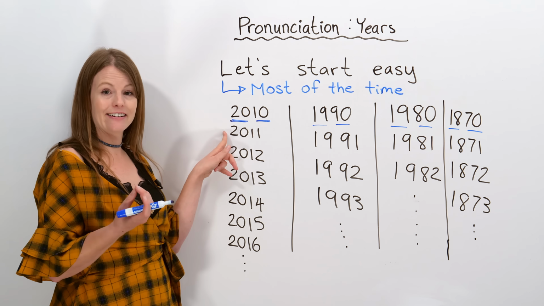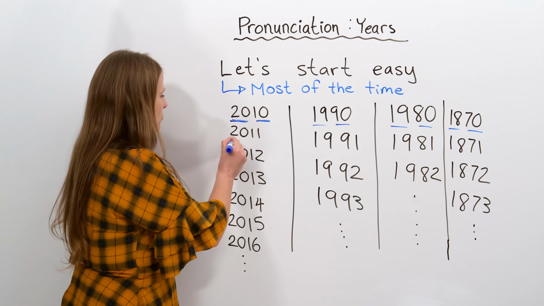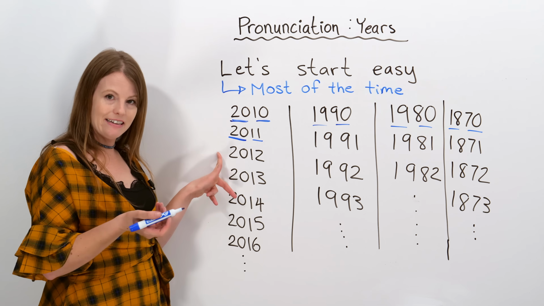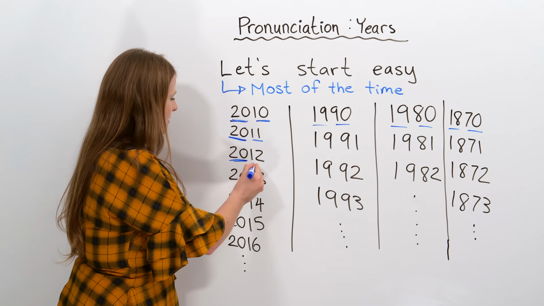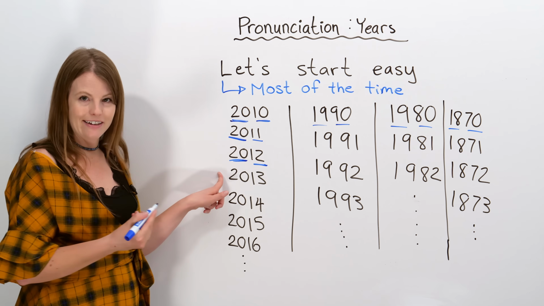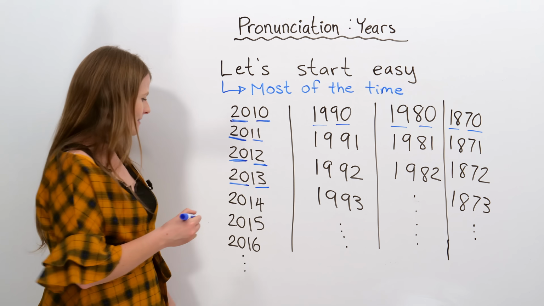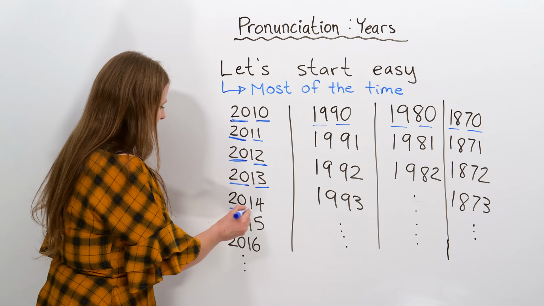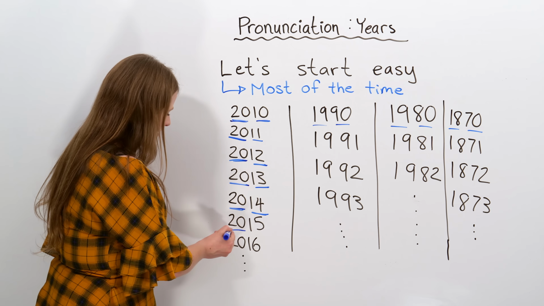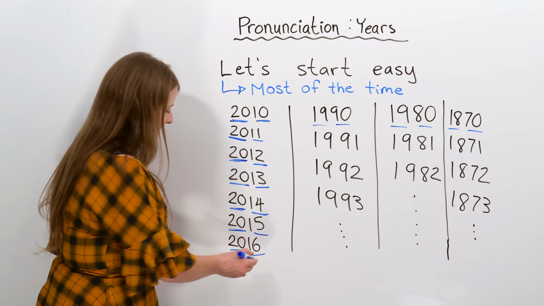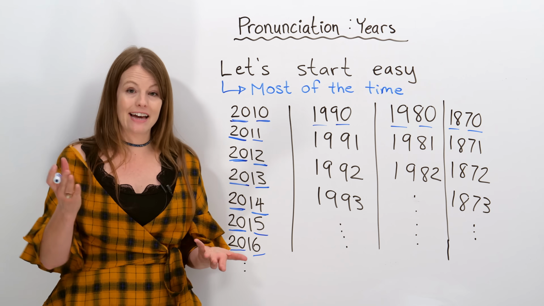It's the same with this year. What can we say? We can say twenty eleven. This year is twenty twelve. Can you guess what this one's going to be? Twenty thirteen, twenty fourteen, twenty fifteen, twenty sixteen. Let's just go to the very end of the decade.